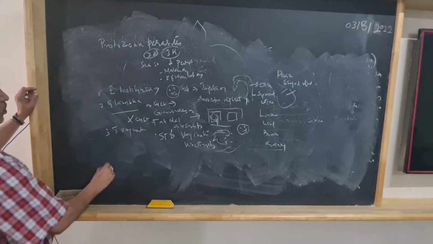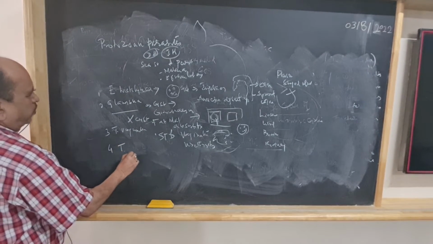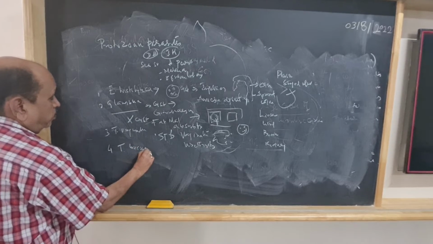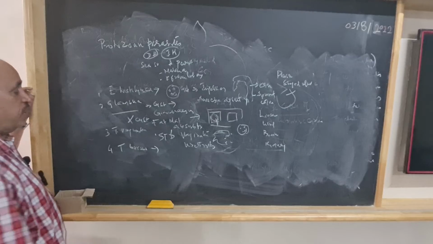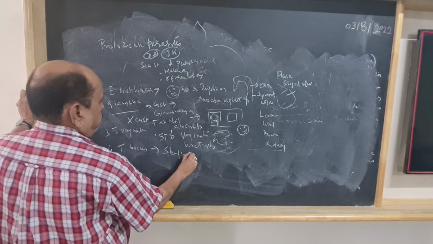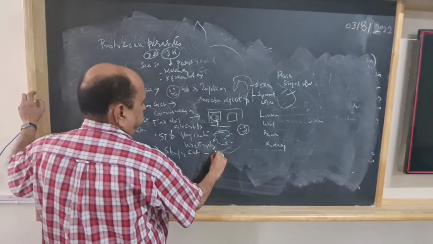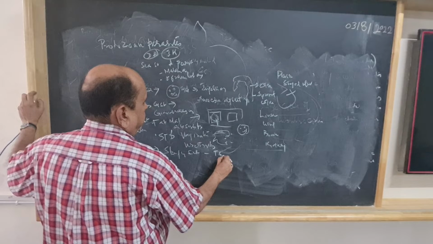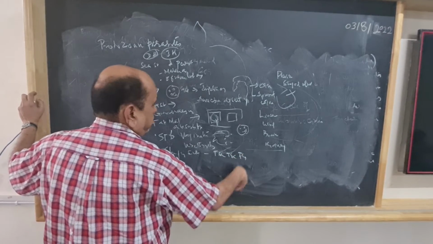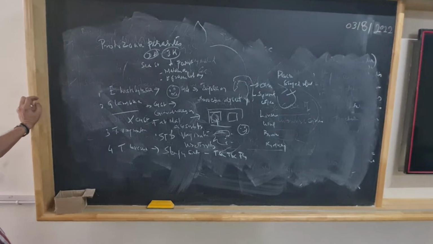Next parasite, Trypanosoma brucei. It gives rise to sleeping sickness. It is transmitted by the tsetse fly. Don't worry about this, because it is just a viva question we may ask sometime.